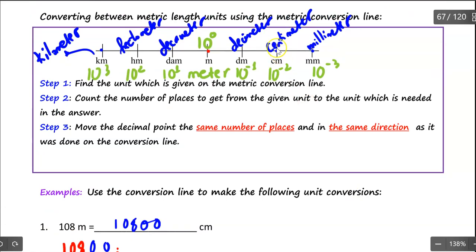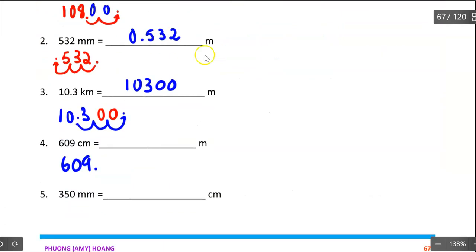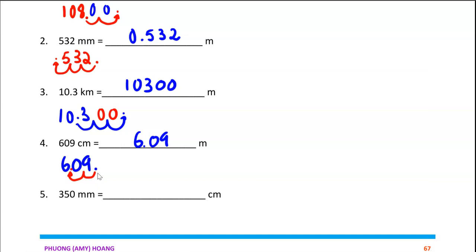So I'm going to move to the left. So I go 1, 2 spaces to the left to meet the meter. So I'm going to do the same thing for this decimal point. I'm going to move 1, 2. So now the decimal point is right there. So my number now will become 6.09 meter. Okay, it's pretty simple.